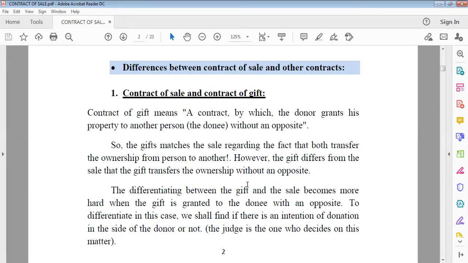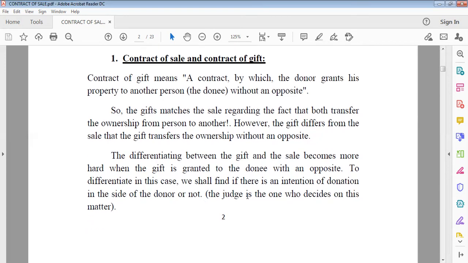We said that the gift as a contract contains the intention of donation. However, the contract of sale doesn't have it. And we highlighted the case when the difference between the contract of gift and contract of sale becomes a little bit hard. This happens when the opposite is a sum of money, I mean the price, and another thing.